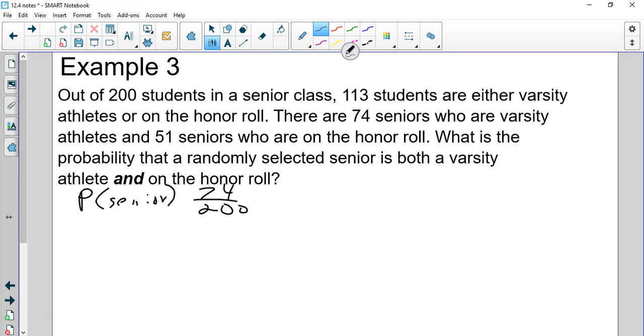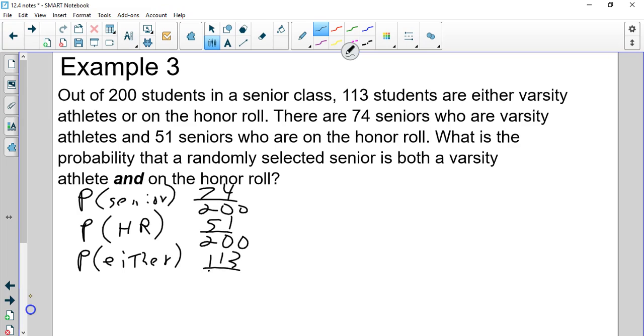Then honor roll is 51 out of 200. And it says the probability of either is 113 out of 200. So that's all the information we got from here, here, and here.